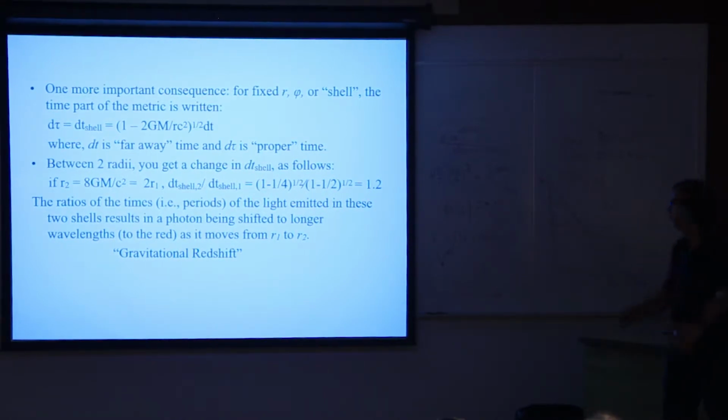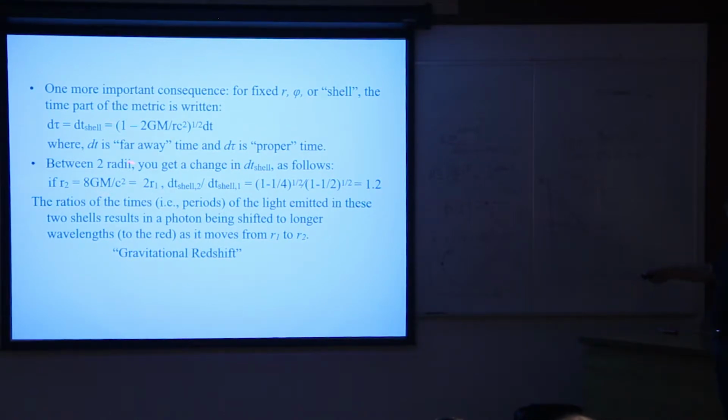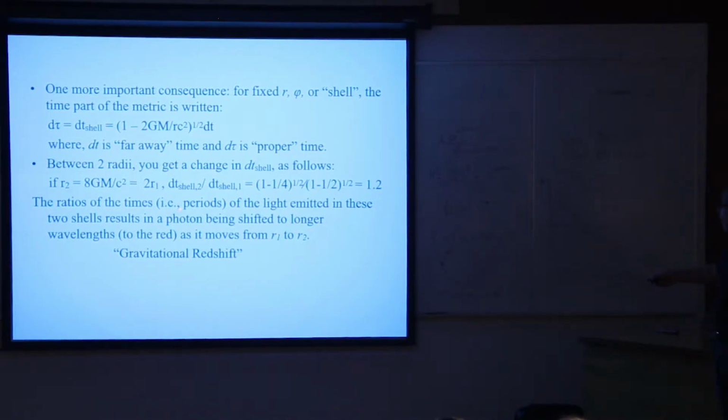The most important thing is if you go between two radii, you get a change in the incremental time parameter for the shells. So you can say if R2 is equal to 8 times GM over c squared, remember 2GM over c squared is the Schwarzschild radius, and that R1 was 4 times this, you can look at the difference, the delta in time, the dt between the two shells, and you plug the numbers in, it comes out 1.2.